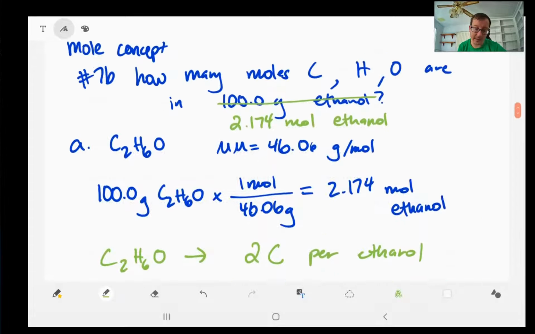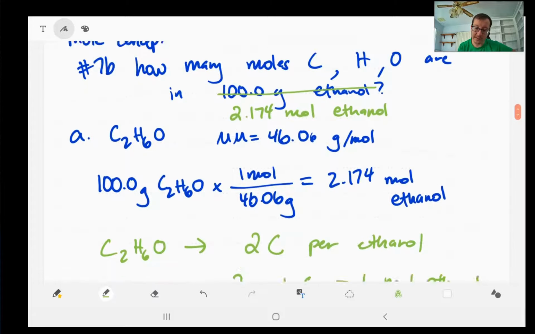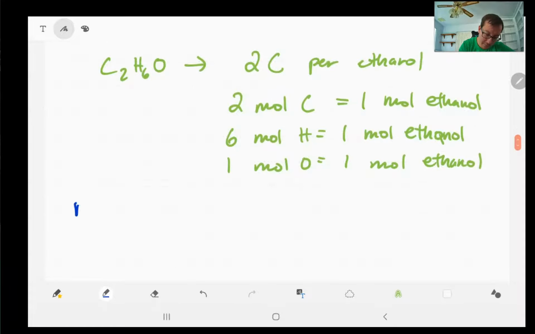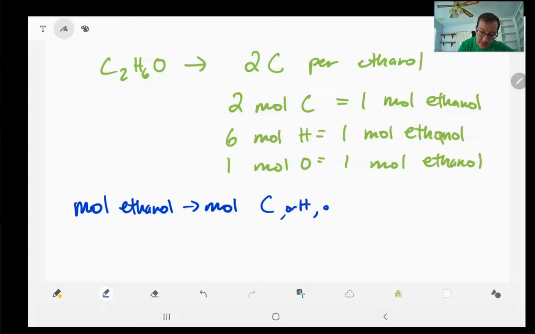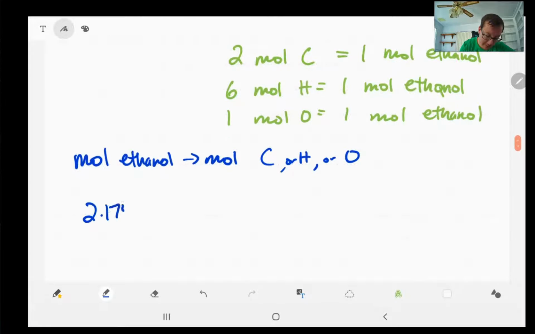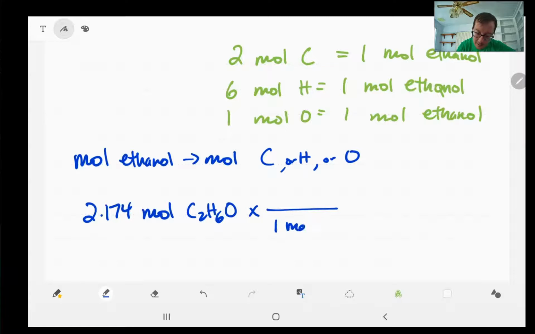And so if we want to see the moles of each element in this, it simply becomes a matter of going from moles of ethanol to your moles of carbon or hydrogen or oxygen. If we set it up for carbon, 2.174 moles of ethanol, we're going to put 1 mole ethanol on the bottom, and we're going to put 2 moles carbon on top.